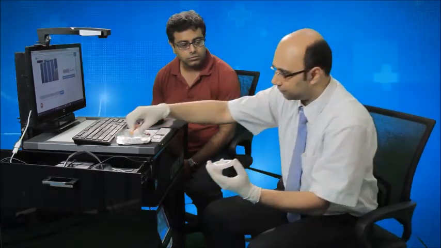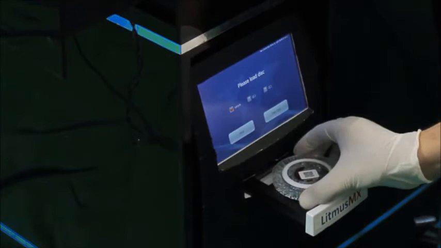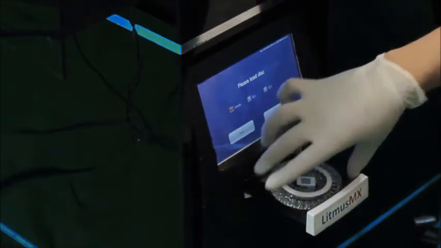Here we have emptied the 100 microliters of blood into the reagent disc. Now we are going to use the biochemistry analyzer to test the blood in 12 minutes. Now we start the test.